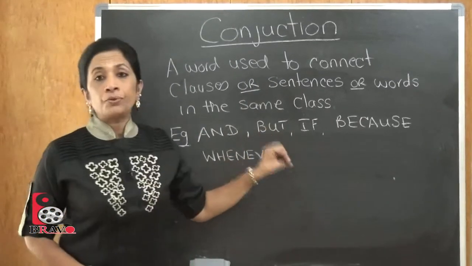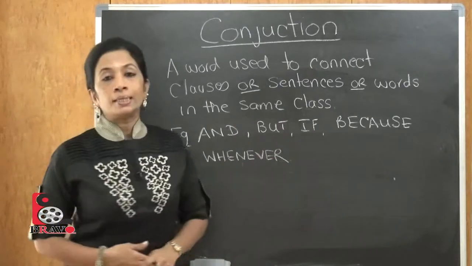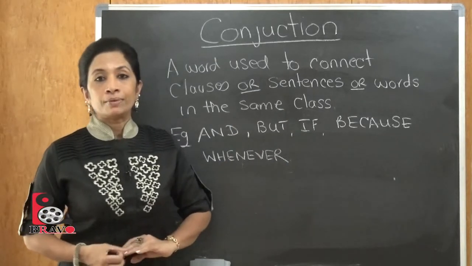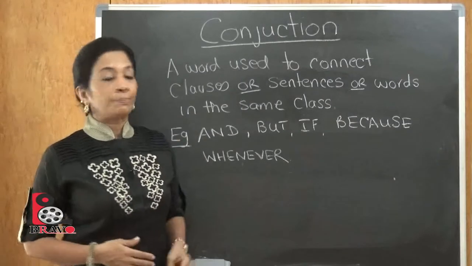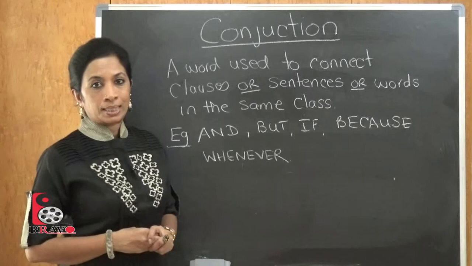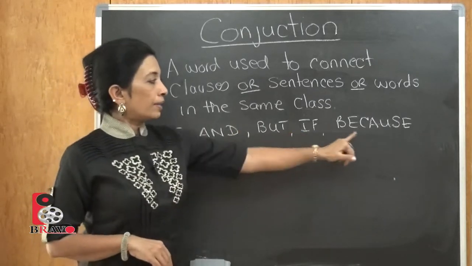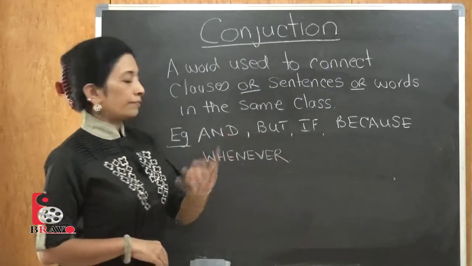This is just a few examples, just 5 of the many, but you can see the rest on the website, which is going to be given out to you with more examples. The ones I have picked out today are the common words that we see as conjunction words: and, but, if, because, whenever.